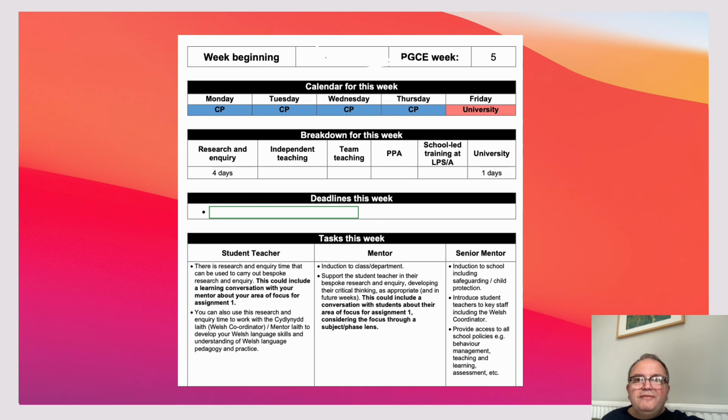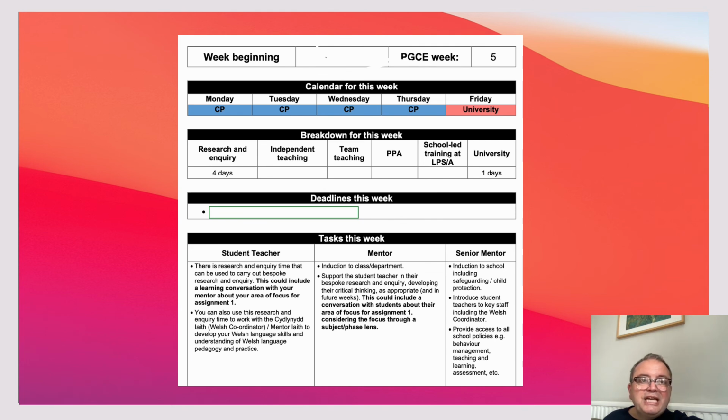Now, you will receive a clinical practice document, and within the clinical practice document, you will have an outline of exactly what needs to be done each week. So if we look at this example from last year, it's from this year, the 11th of the 10th, 21. You'll see that you have certain deadlines for this week. Well, the only deadline we have here is that clinical practice actually begins.